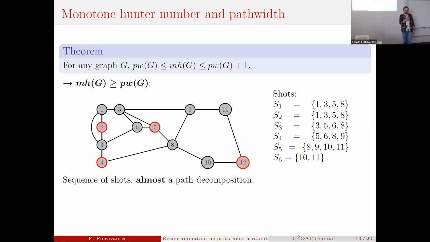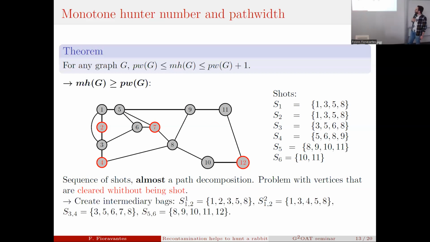And you can see that it is almost a path decomposition. The main thing we are missing is that we have these red vertices that were cleared without being shot. So these vertices would not appear in the path decomposition, and that's a problem. So what we do is we introduce intermediate bags between each bag of the decomposition, where, for example, the first intermediate bag is between S1 and S2, and it is exactly S1 plus the vertex 2.